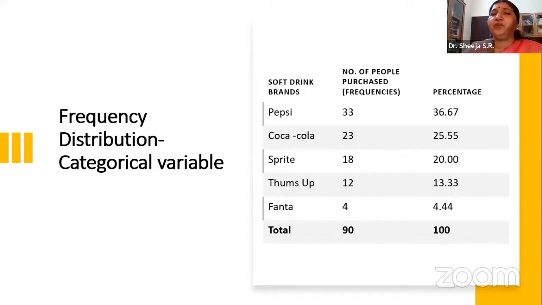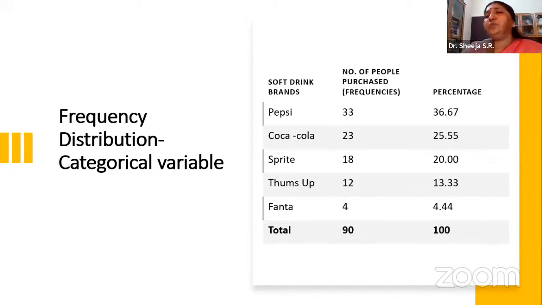Here the variable of interest is a categorical variable, so their preferred soft drink brand is the variable. You can see that 33 people prefer Pepsi. So the largest number of people prefer Pepsi, and in the next column we have percentages.